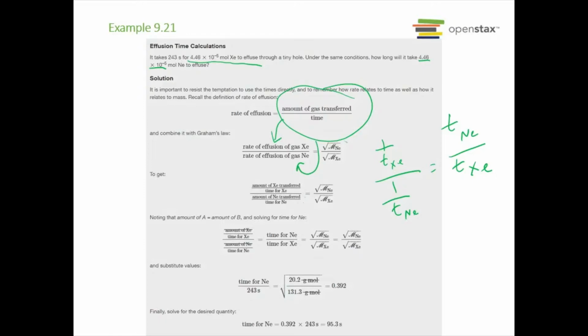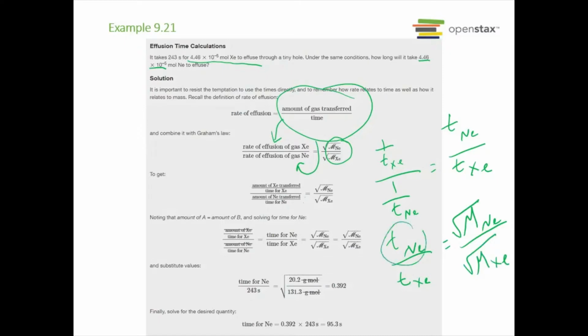And then on the right, we have the square root of the molar mass of neon divided by the square root of the molar mass of xenon. So now we know that the time for neon divided by the time for xenon is equal to the square root of the molar mass of neon divided by the square root of the molar mass of xenon.